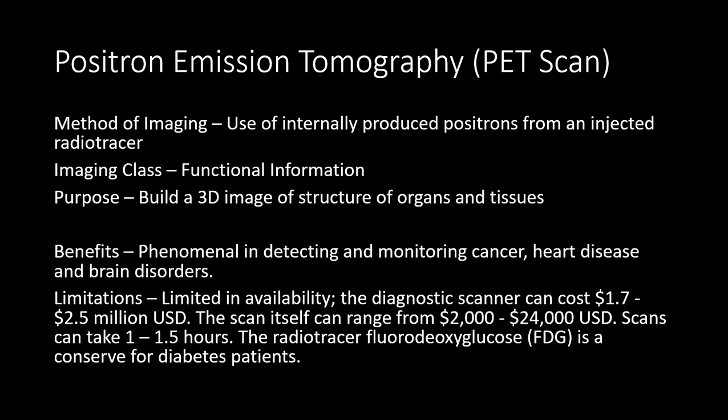This image class is meant to give functional information as well, and the purpose is to build a 3D image or structure of organs and tissues. The benefits are it is phenomenal at detecting and monitoring cancer, heart disease, and brain disorders. The reason is that the chemical used as a radio tracer in PET scanning is similar to glucose sugar.